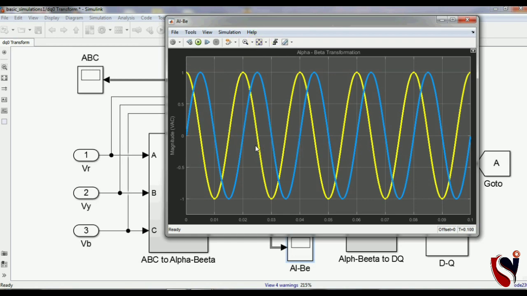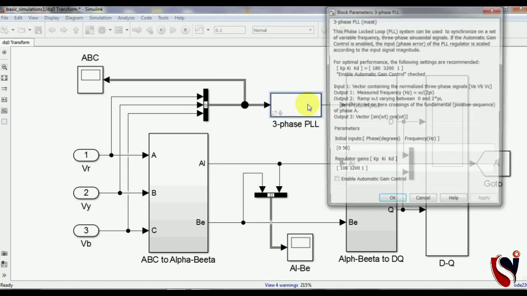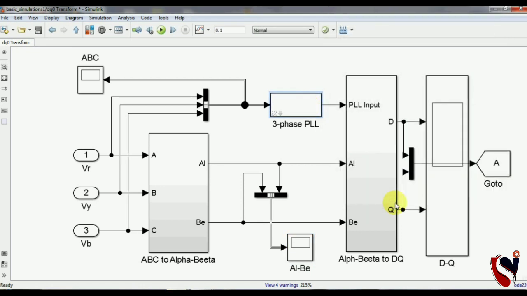And next, this PLL block is connected. It is necessary to connect this PLL here, because ultimately the dq is a DC quantity and it needs to be constant at every instantaneous point of the AC cycle.